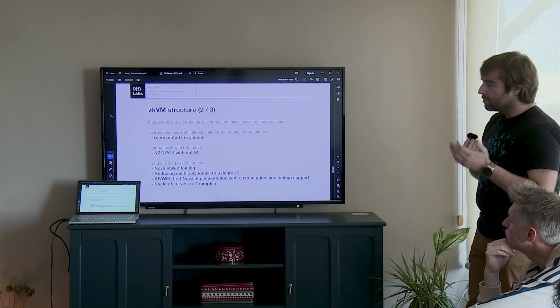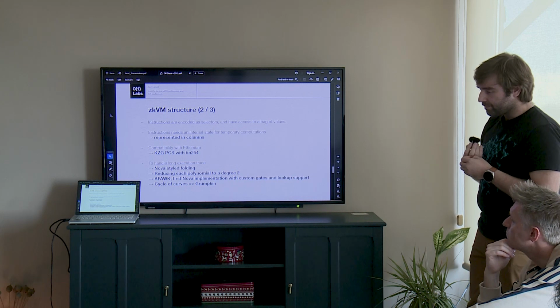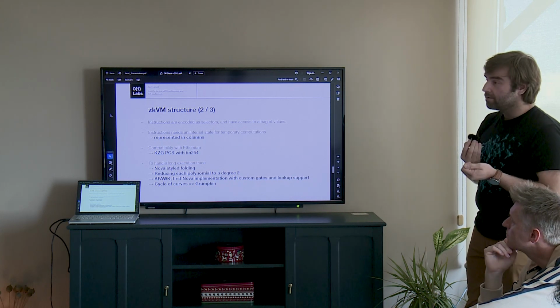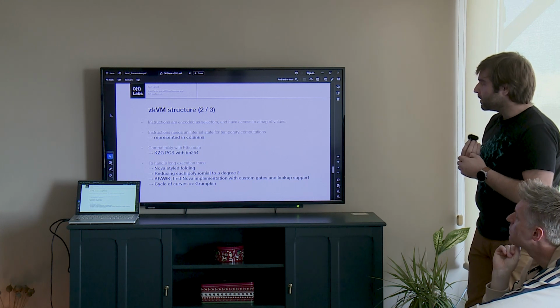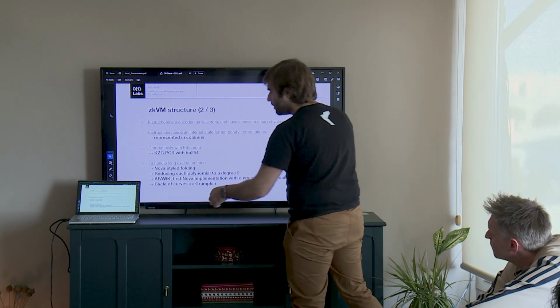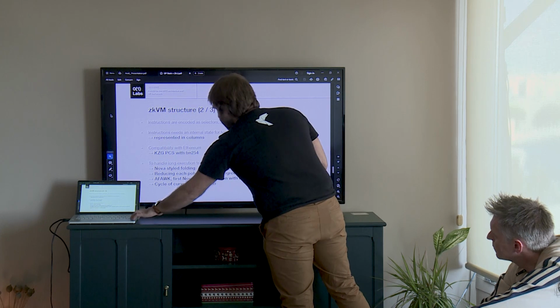And as the Nova folding scheme requires a cycle of curves, we had to have another curve that is Grumpkin. It's from Aztec, I think.